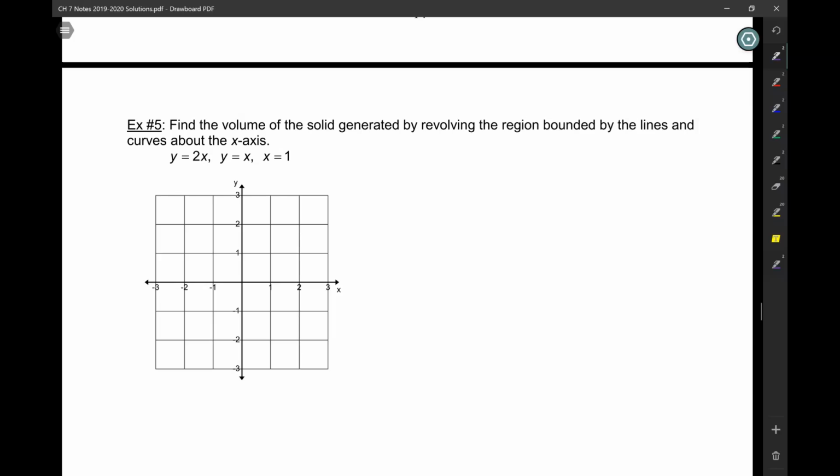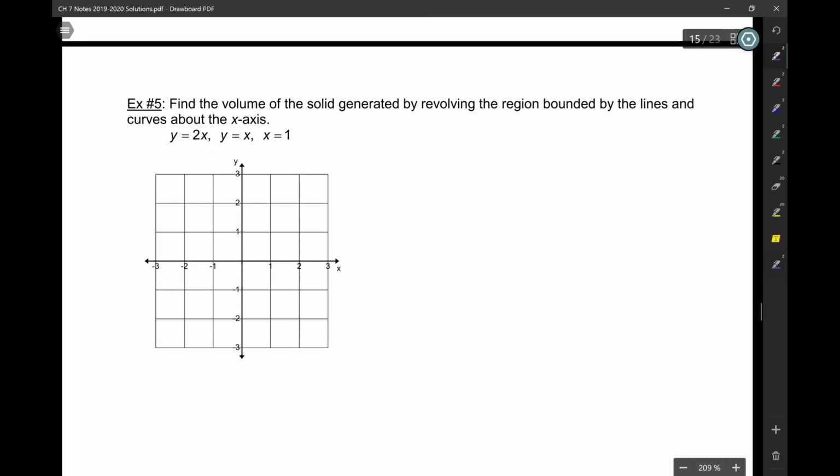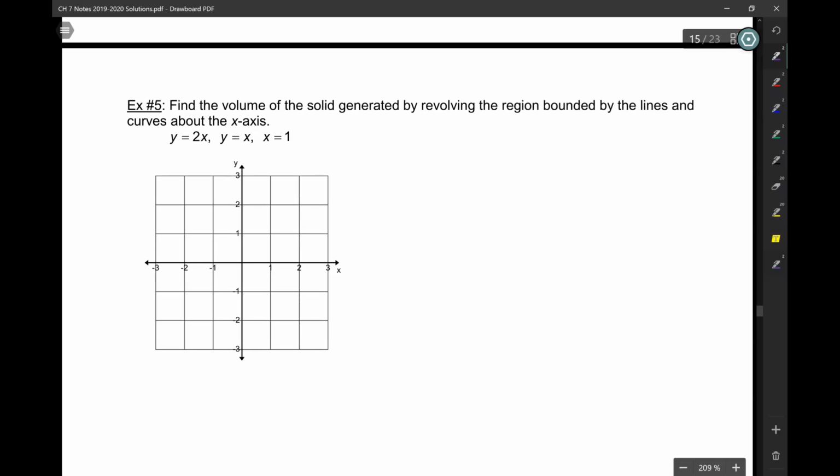Okay. Find the volume of a solid generated by revolving the region bounded by the lines and the curves around the x-axis. So I have y equals 2x, that looks like this. And then, so at -1, it's -2, like this.